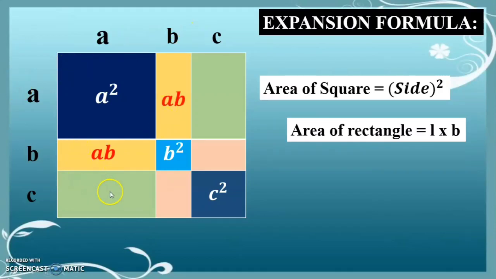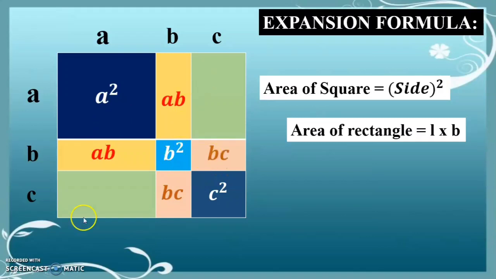After that, we have this rectangle and this rectangle similar, whose length is equal to c and whose breadth is equal to b. So we get the area as bc.